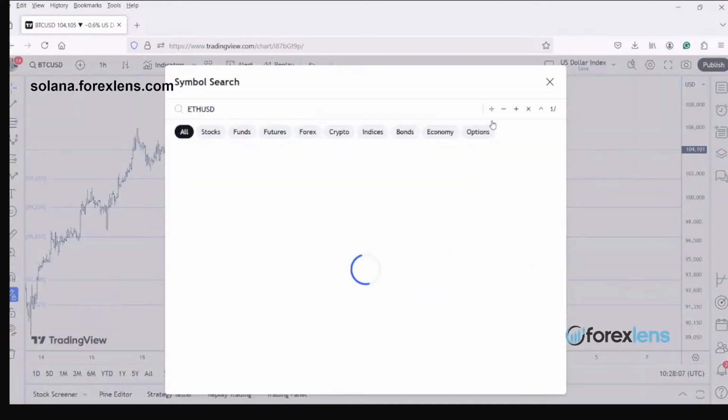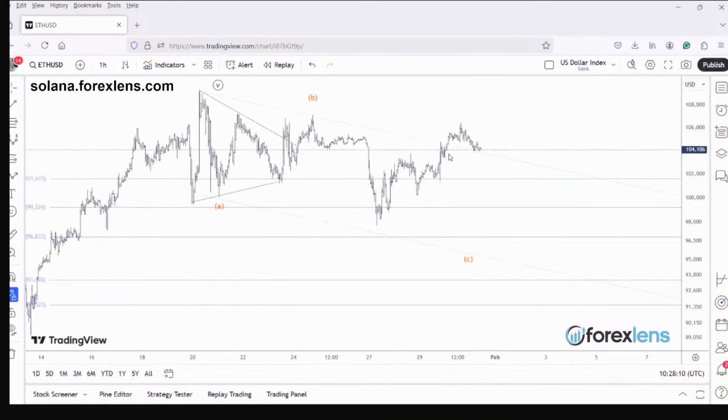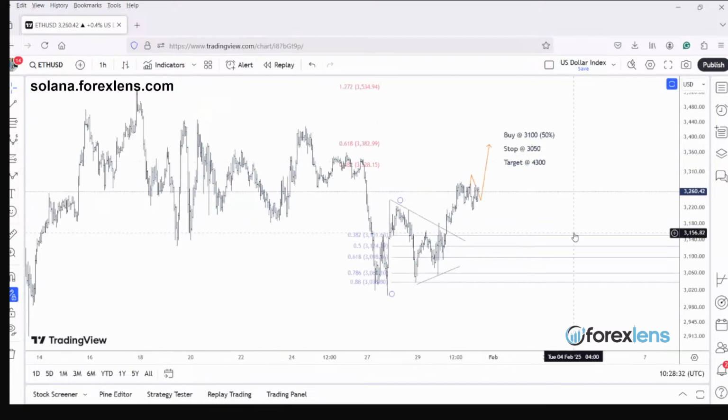Ethereum, we are almost at the break even, just about 50 points of risk. And it was suggested to take some partial profits off the desk last time. There is some delay in the charts coming up right now. So here we are.